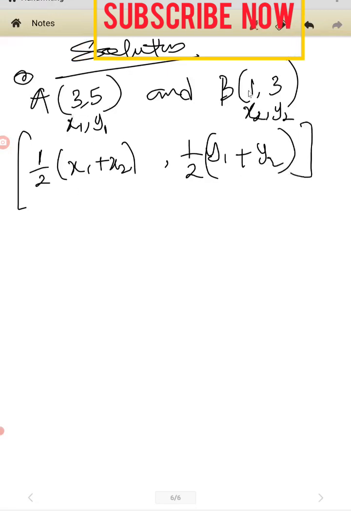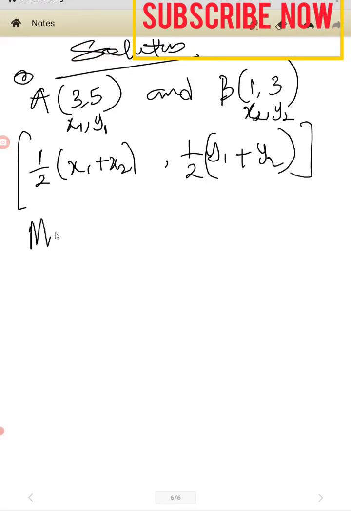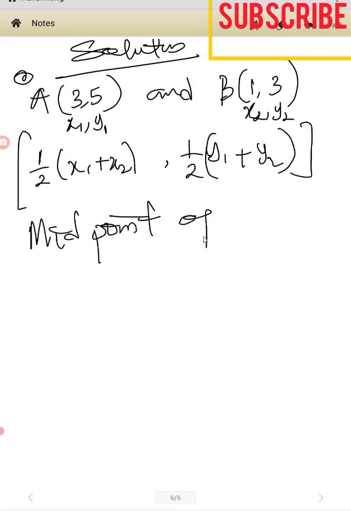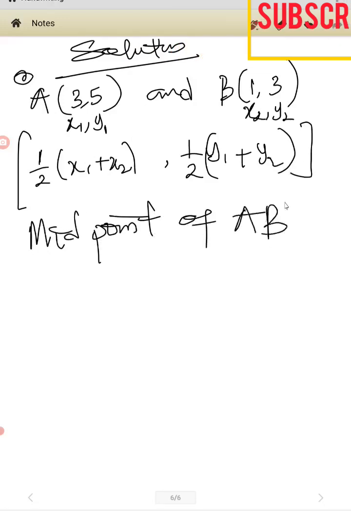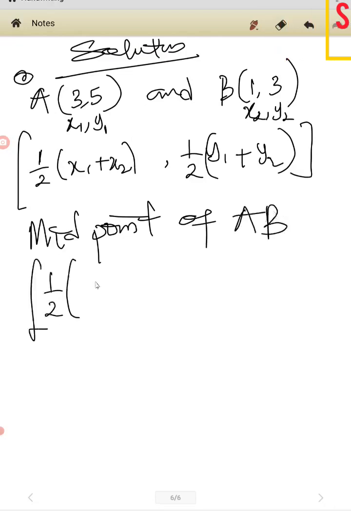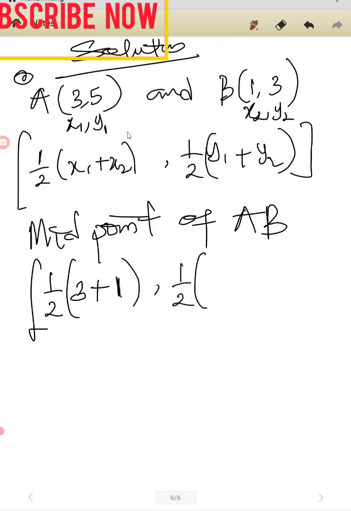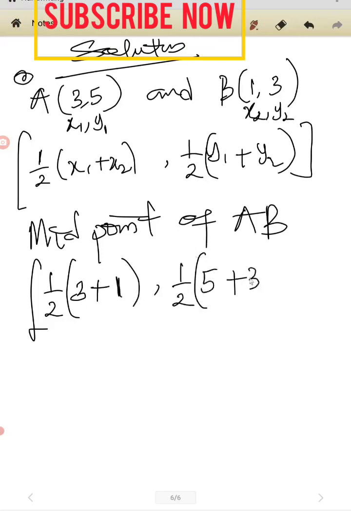So to now get the midpoint of AB, the midpoint of AB will be half of x1, which is 3, plus 1, you open a bracket, comma, half of y1, which is 5, plus 3.